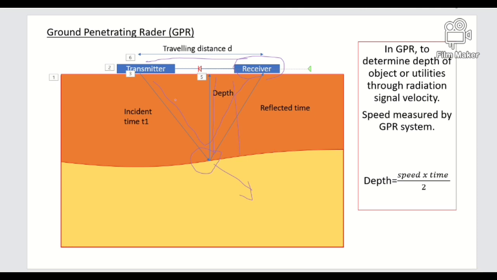So here the receiver antenna shows the result as a velocity of the wave. Each wave energy is captured as a speed or velocity of the wave, and it will be calculated from the reflected time and incident time, and then the wave velocity is calculated based on the material of the subsurface.